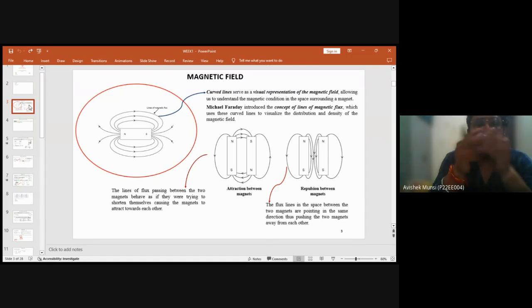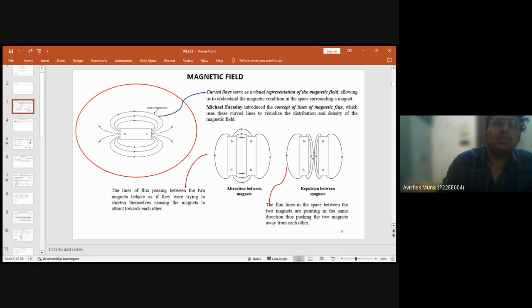If you remember those days when we used to play with magnets, there will be a region outside of which the magnet will not attract or repel. That region is called the magnetic field region.